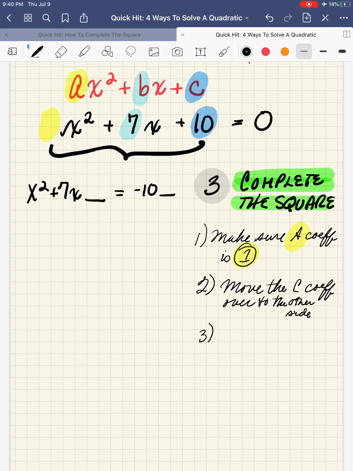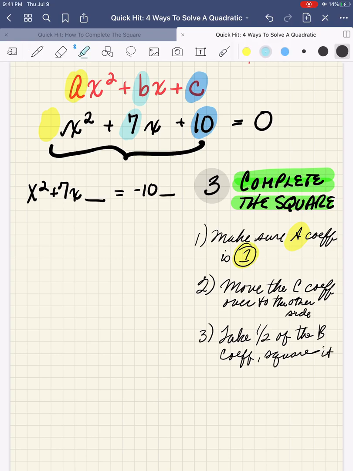Third step is I need to take 1/2 of the b coefficient, square it. All right, so my b coefficient is this handsome fellow here, the 7. Half of 7 is 3.5.